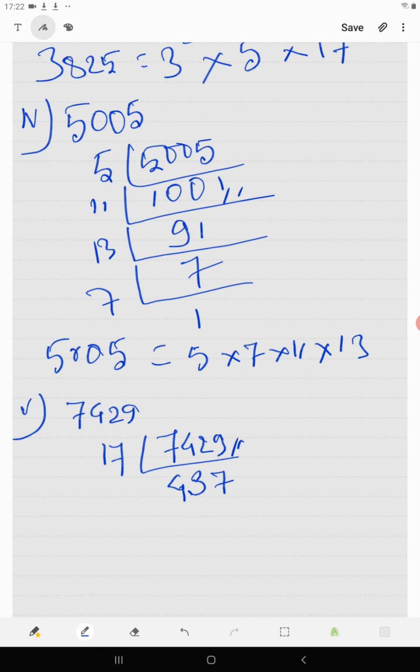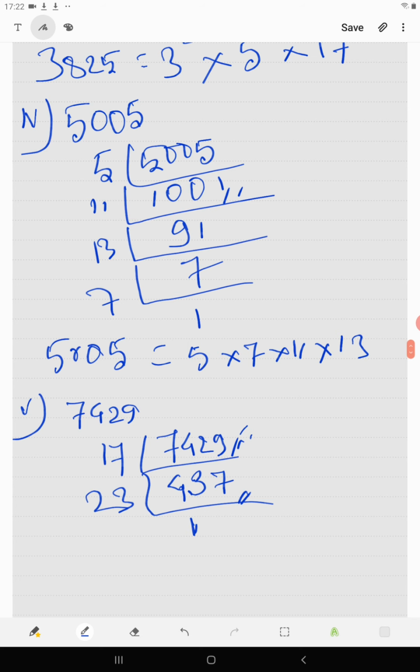Now 437 ends in 7, so the table of 3 or 9 gives it. We have already seen that 13 didn't divide, so 3 and 13 will be cancelled. Let's check with 23. 23 times 19 is 437. Yes, it will go by 23.